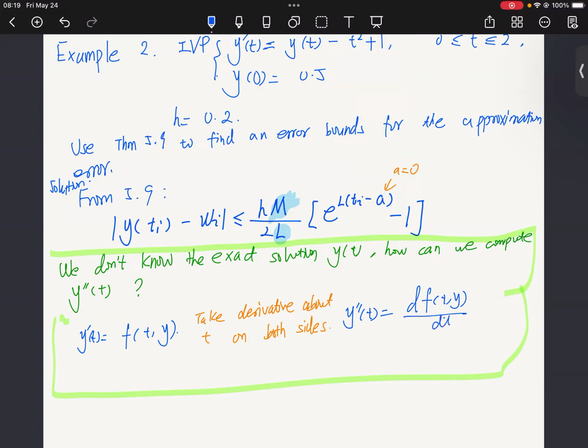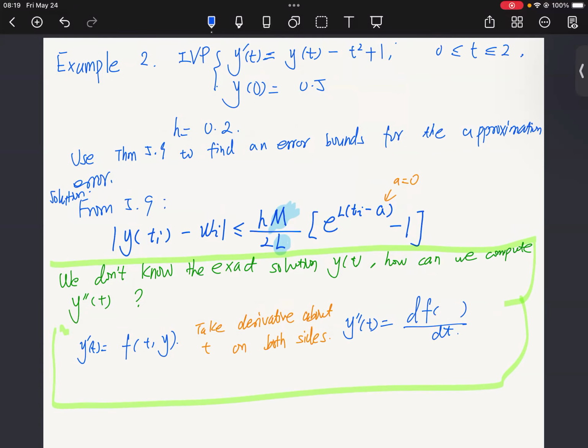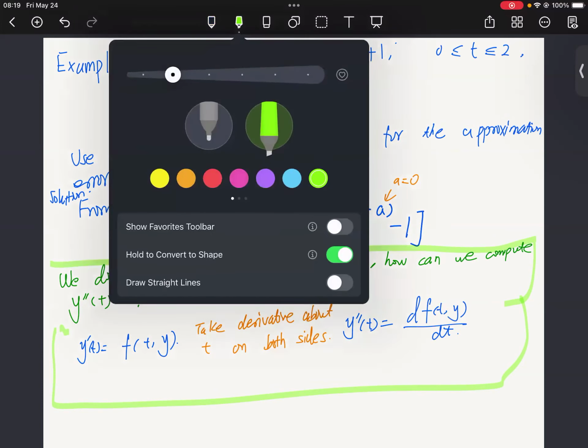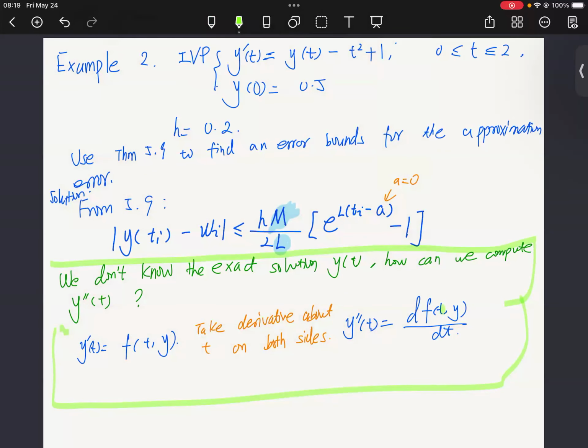Now you should be very careful here. The function f has two variables: one is the t variable, and the other is the y variable.